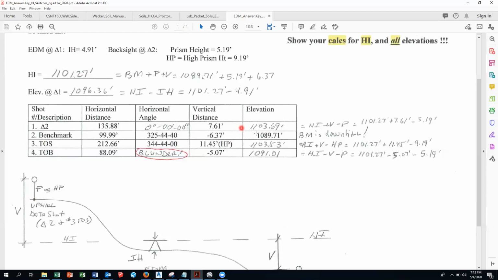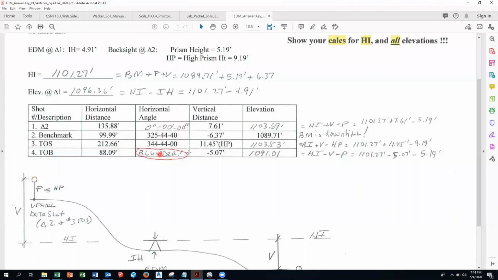This one does not, so it's HI, which is 1101.27, plus V, which is 7.61, minus the prism height, 5.19. That gives you an elevation of 1103.69.